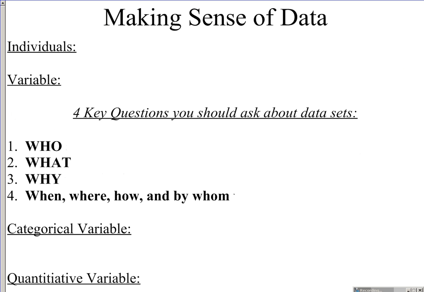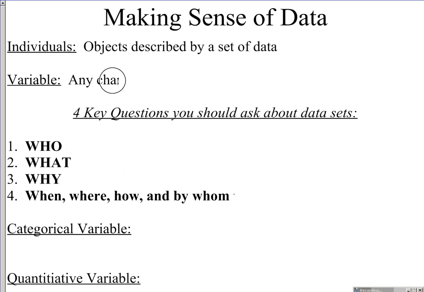Making sense of data. Individuals are the objects described by a set of data. A variable is any characteristic of that individual. Key questions you should ask about data sets: who, what, why, when, where, and by whom.